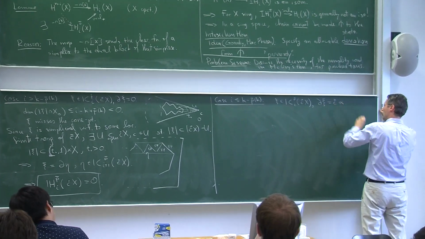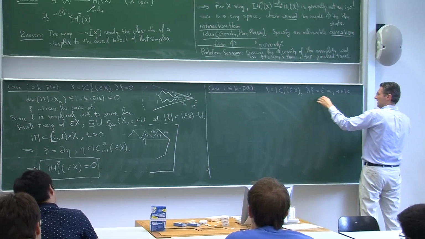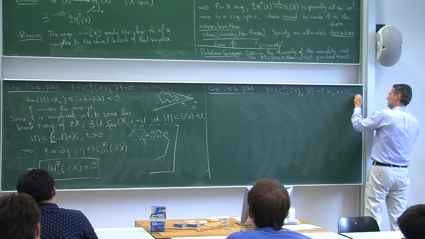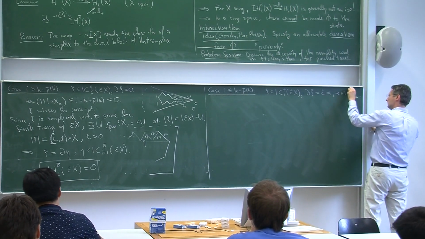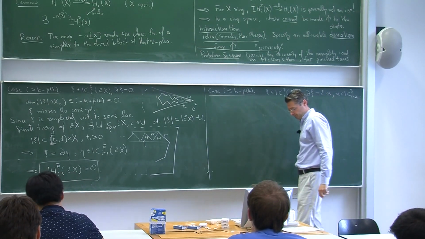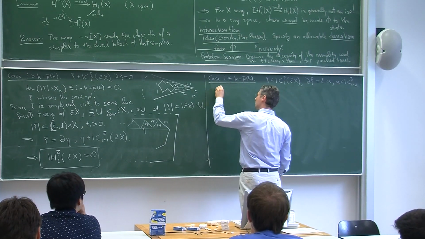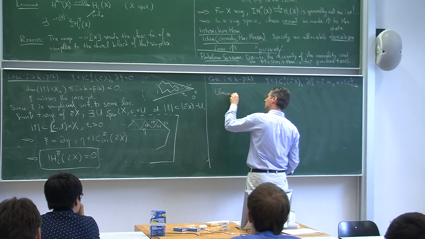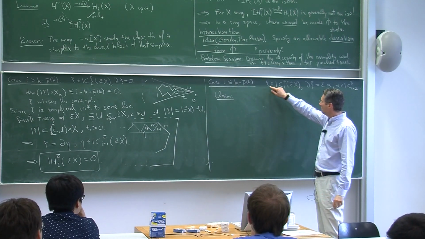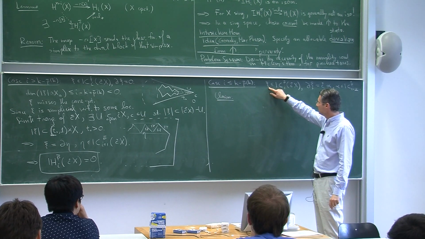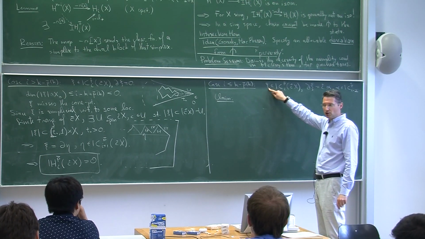Let's call that alpha. Alpha is an intersection chain, I guess in degree i minus 2. And what I want to show is that every xi can be written as the cone on some other intersection chain.